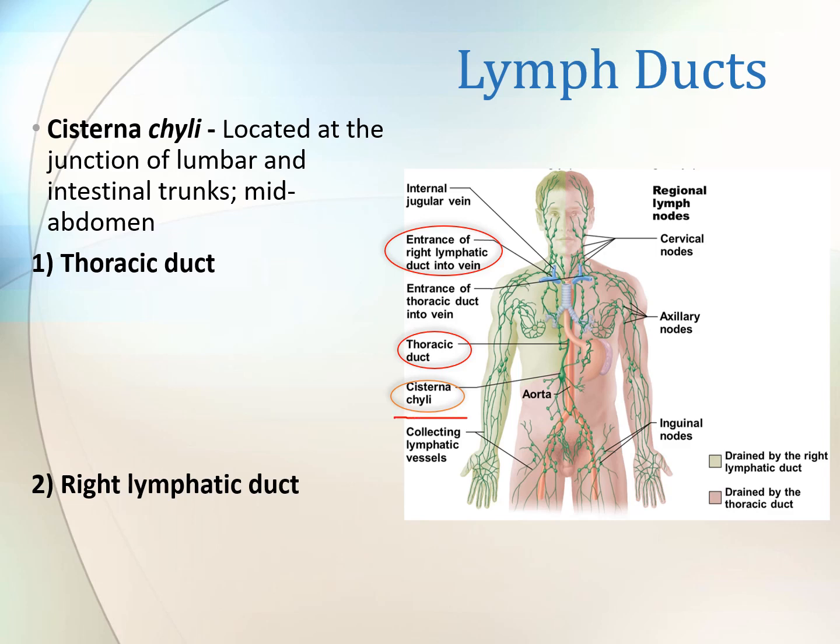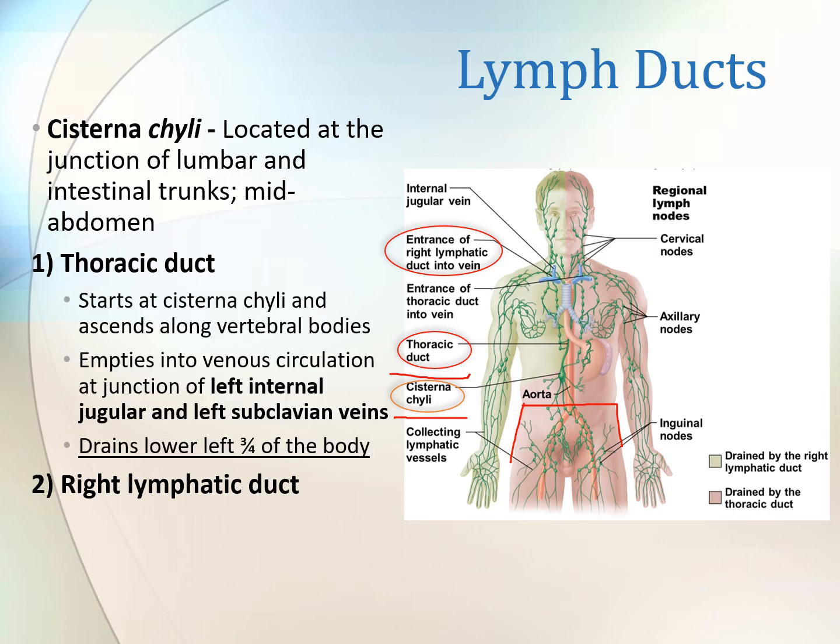So the cisterna chyli is essentially just at that junction, and it's also going to be the beginning of the thoracic duct. Okay, so we have all the lower limb structures, all those vessels coming up and joining into this cisterna chyli. And once it hits the cisterna chyli, then it's going to become the thoracic duct.